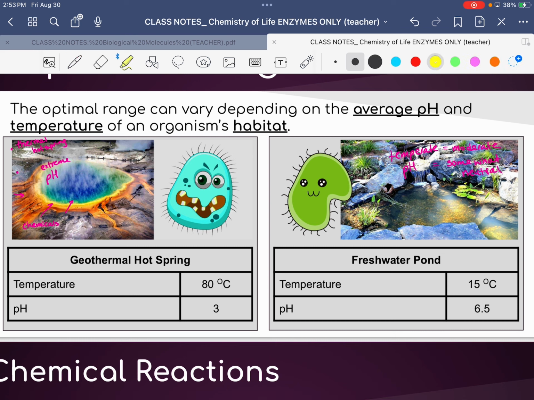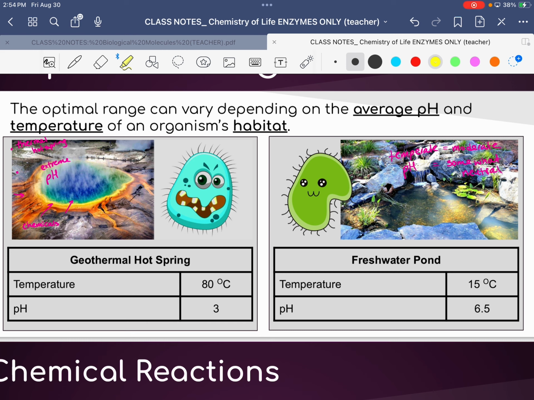So the proteins that exist in this organism are going to have a different optimum range than the proteins that exist in this organism. And that's because the environment that they live in is really going to determine the optimal range for the proteins in those organisms.